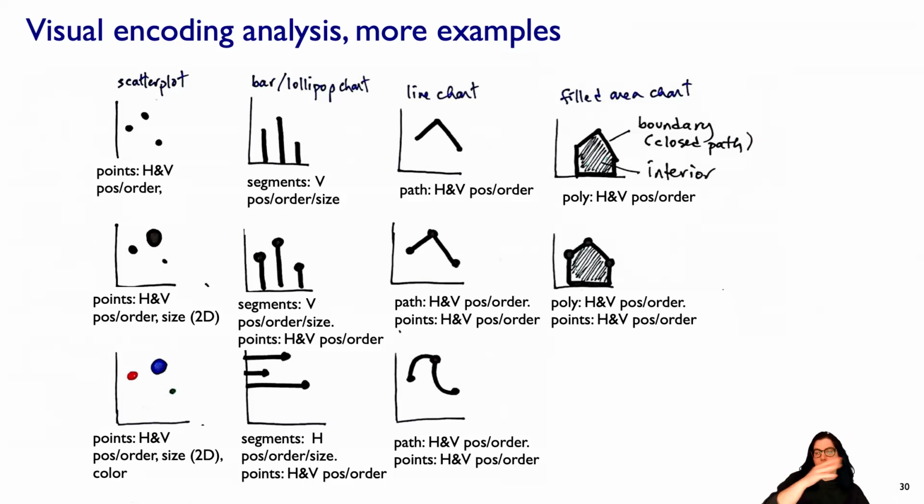With the line chart, we're focused much more on that shape, the shape of that curve that's made by going from point to point. So we're emphasizing a different part of it. And then, of course, with the filled area chart, what's being emphasized is what we're calling a poly, that area, so that two-dimensional shape. So even though the data is the same, your attention is being drawn to different aspects by your choice of mark type.